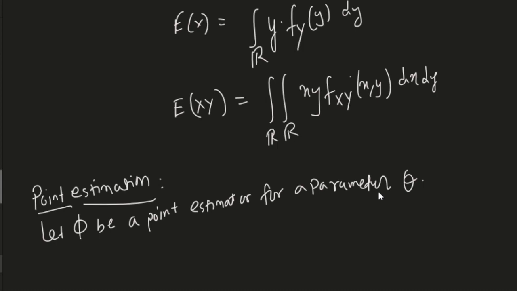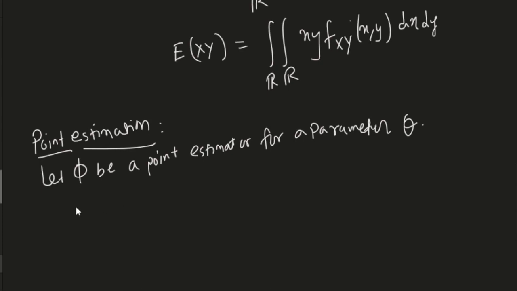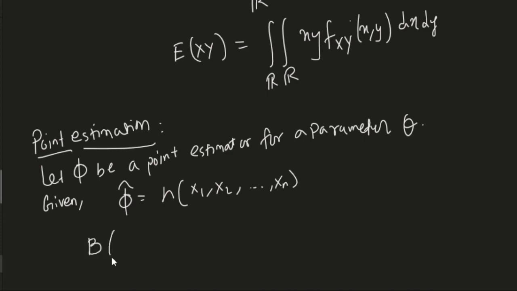Now what we do know is the bias of an estimator is as follows. The bias of an estimator is given by the expected value of the estimator minus the parameter.